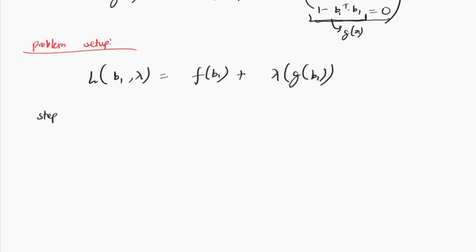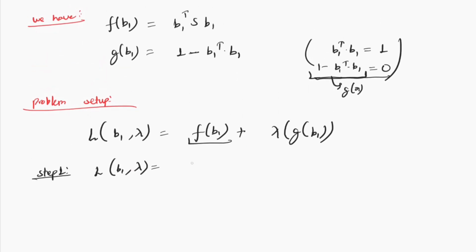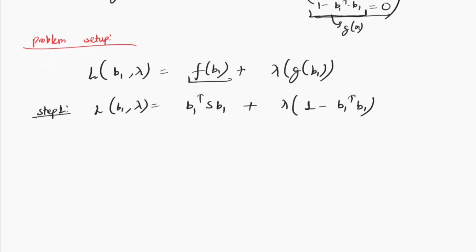And now we have step 1 done, and we can write it as f of B1, which is nothing but B1 transpose S B1 plus lambda times 1 minus B1 transpose B1.